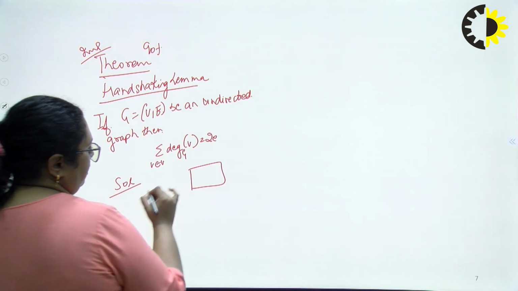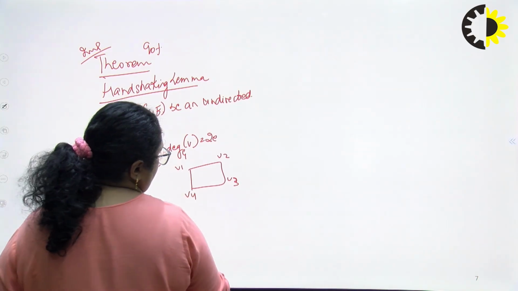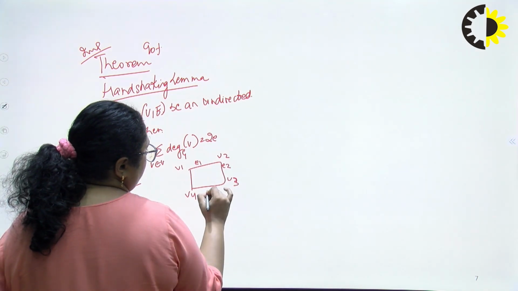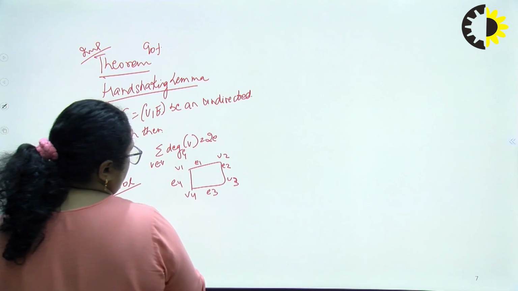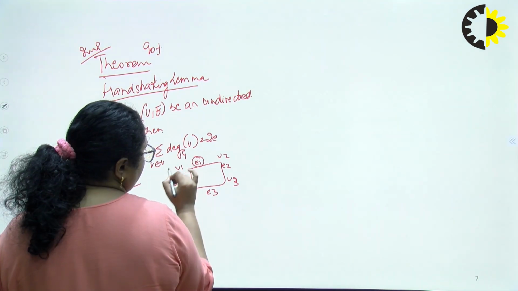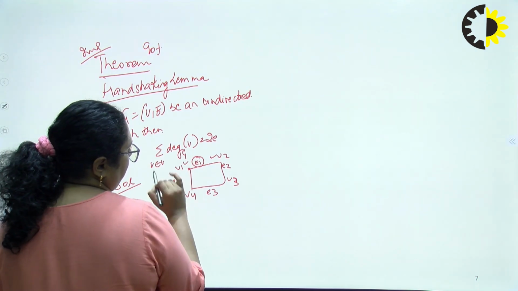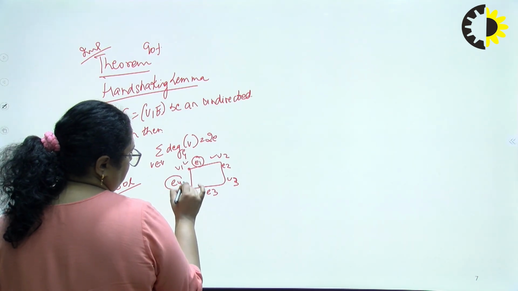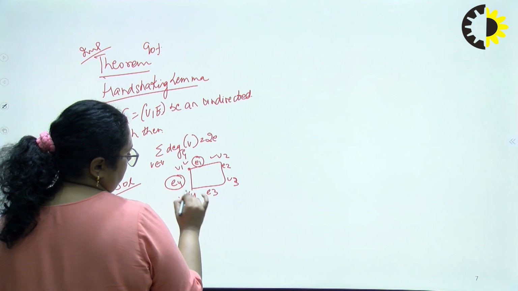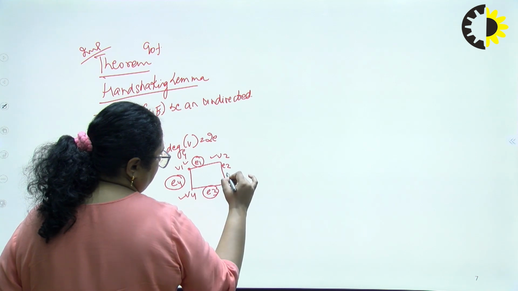We will see it by example. Suppose we have a graph. Its vertices are V1, V2, V3 and V4, and its edges are E1, E2, E3 and E4. If we look at vertex V1, this edge is contributing degree to two vertices, V2 and V1. Edge E4 is contributing degree to V1 and V4. Edge E3 is contributing degree to V3 and V4.